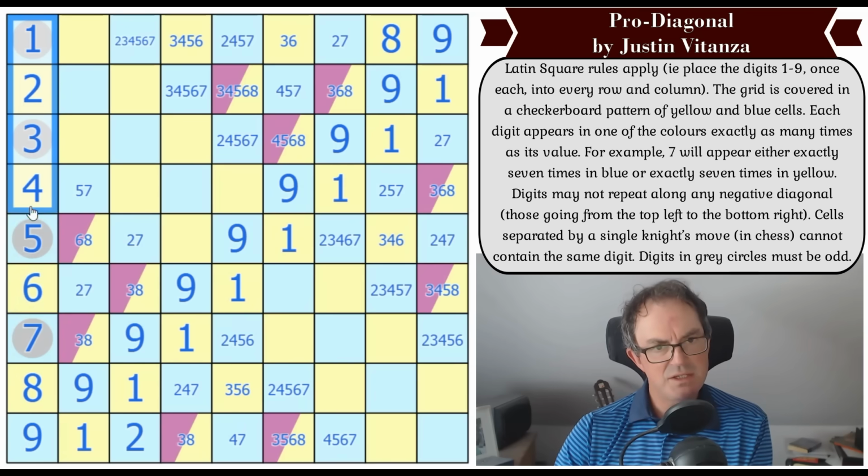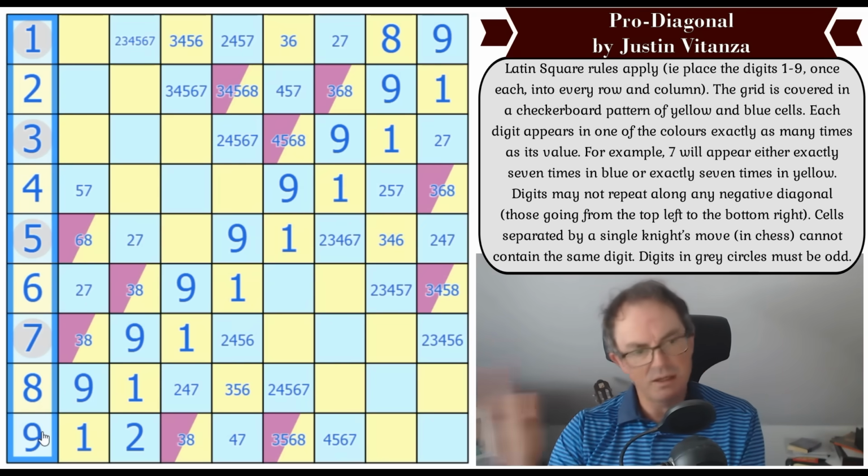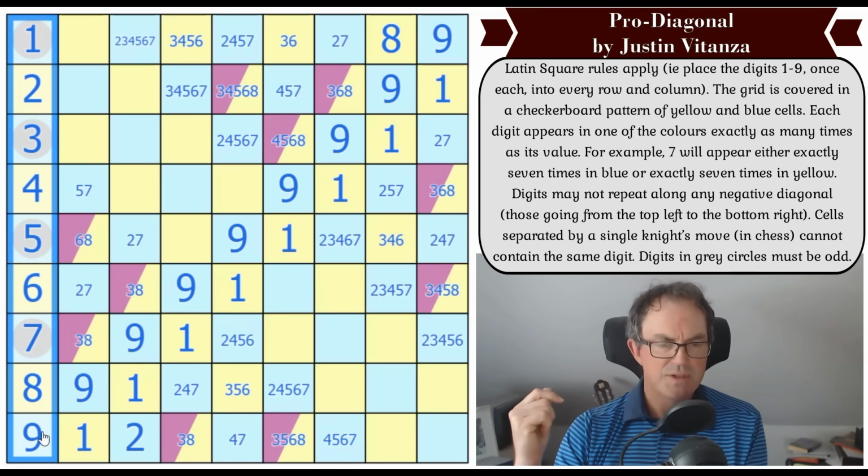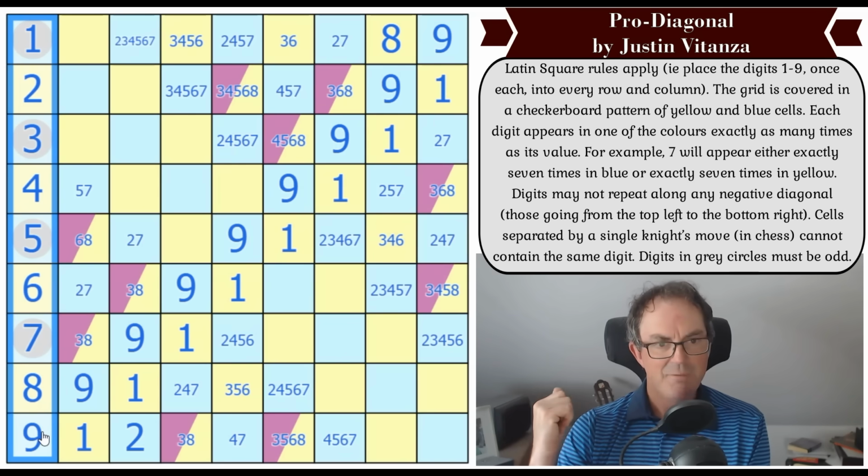This is the place where we've actually got some definition. So something must propagate, I think, from the left side of the grid. But what? I can't really see very much at all.